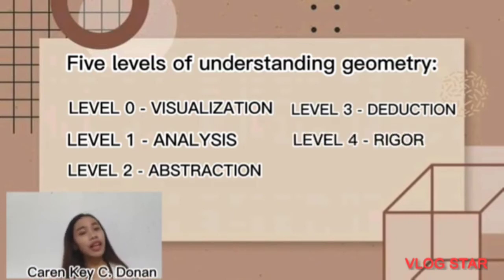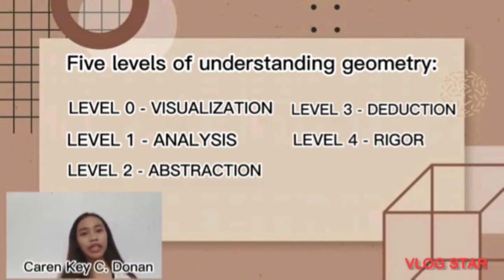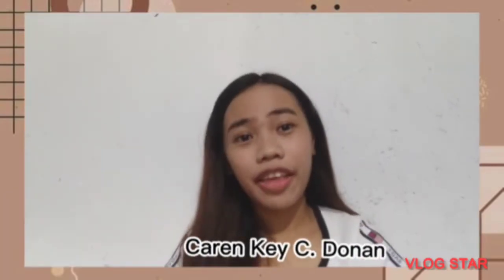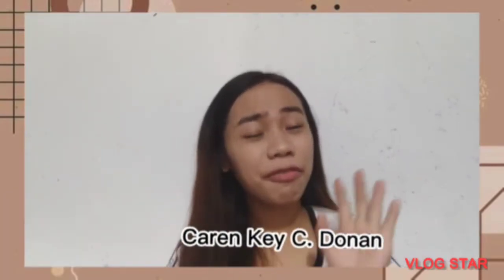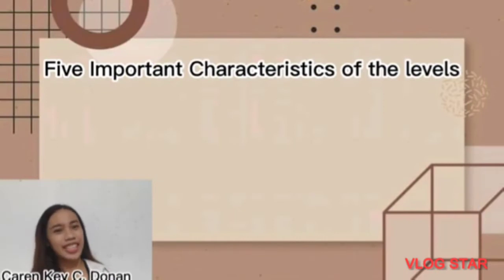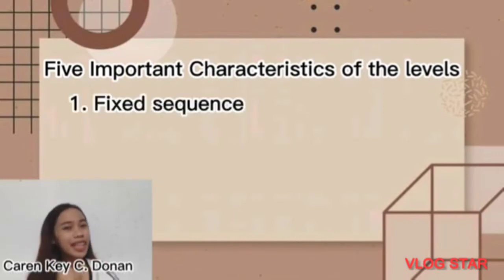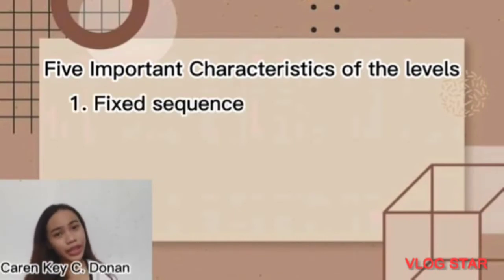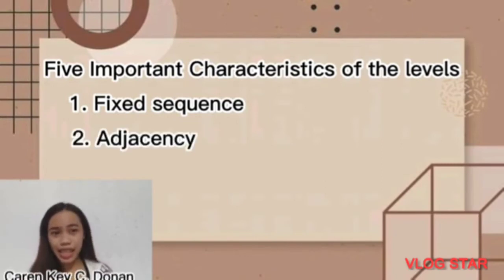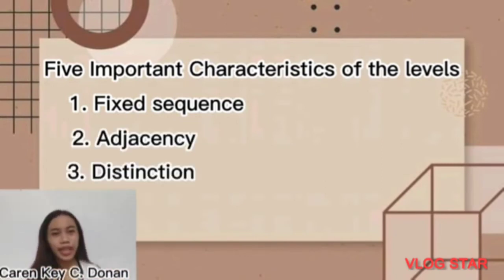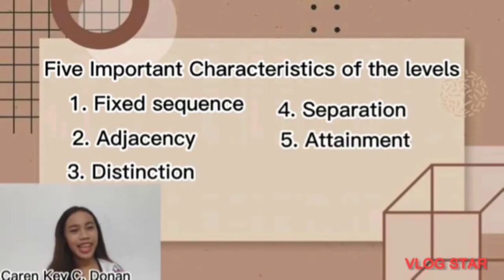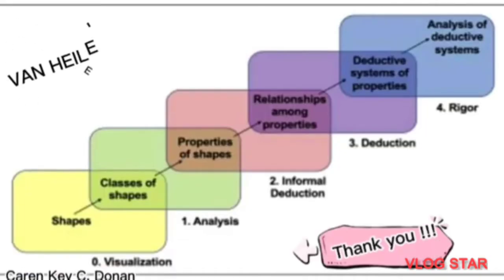And lastly, the rigor. It establishes and analyzes theorems in different postulation systems. Furthermore, these 5 levels have 5 important characteristics. We have the fixed sequence or order, the adjacency, the distinction, the separation, and the attainment.